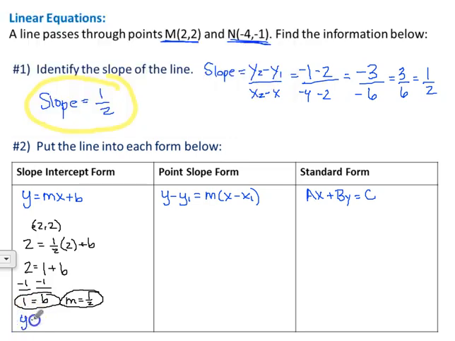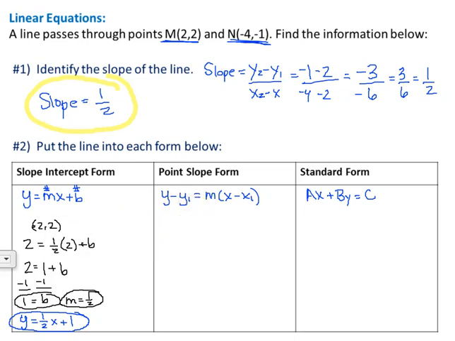I only substitute numbers in for m and b. So y equals 1/2 x plus 1. There's my slope-intercept form. So again, for slope-intercept form, I only substitute in numbers for m and b, our slope and our y-intercept.